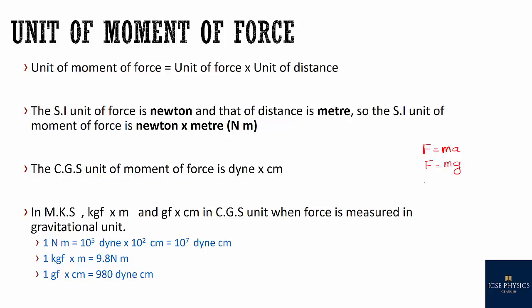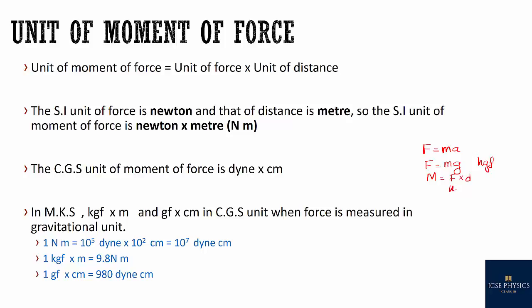So when force is measured in gravitational unit, force is given in the unit of kg, mass is in kg, and g is measured in f, kgf, right? So similarly, what will be the moment unit? Moment, as we studied, is force into distance.